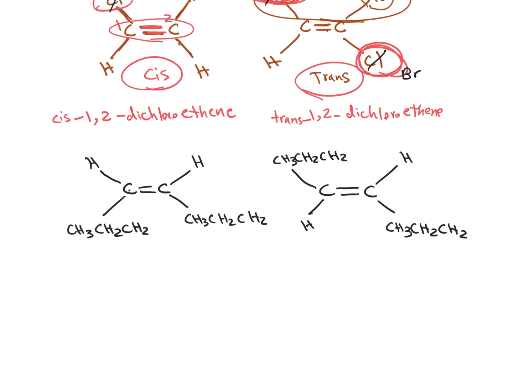So what would be the name of this compound? Again, remember that we choose the longest chain that has the double bond in it, and excuse me, we name the carbons so that 1, 2, or I guess that was technically right.